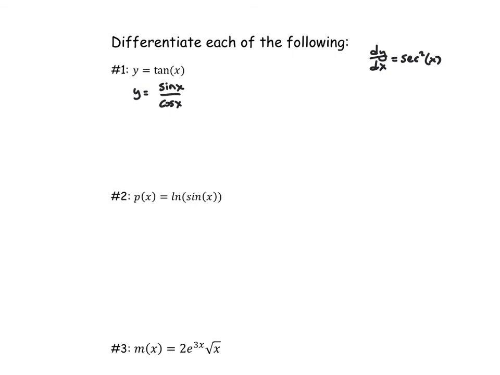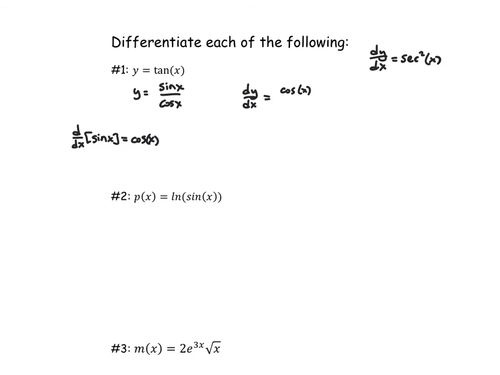It's division. So dy dx will equal the low function times the derivative of the high function. Derivative of the high function would be d dx sine x. Well, that's going to equal cosine x.